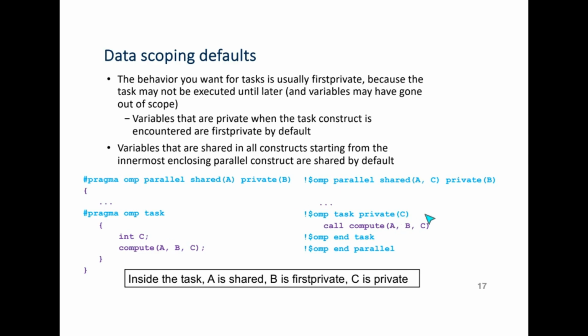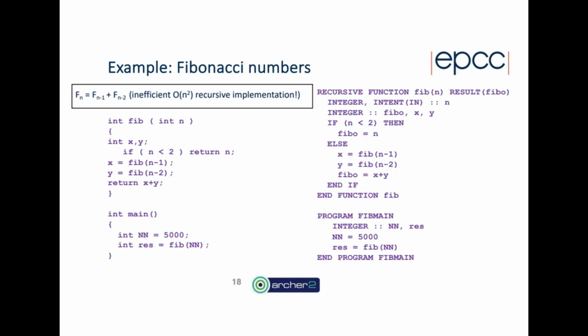In Fortran, you can't do the declarations inside tasks, so you'd add a private clause explicitly to make a private copy of C for every task. Okay, any questions about that?